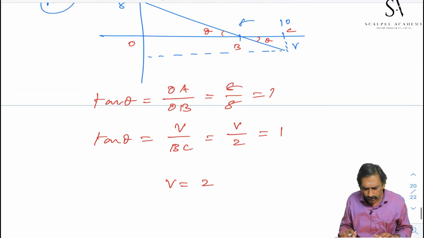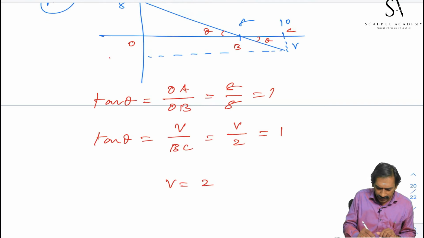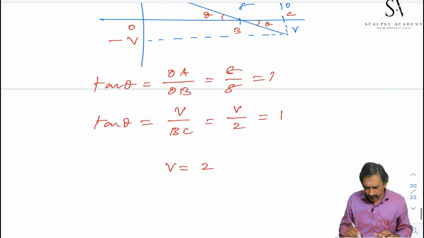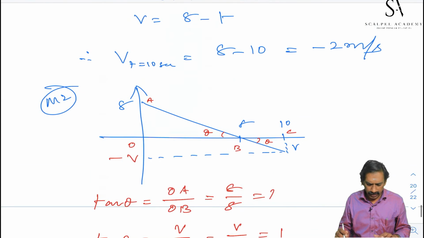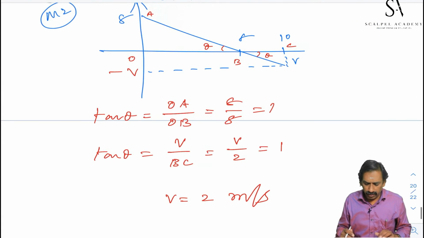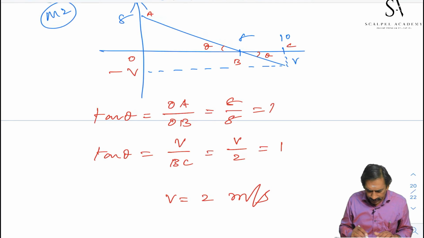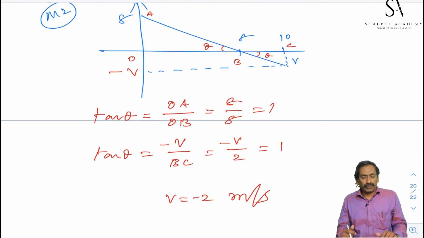Magnitude of velocity is 2, as it is in the negative y axis, this is minus V. So, minus V is equal to minus 2 meter per second. Velocity is negative. Alright. Tan theta is equal to, here itself we can put minus, then you won't get any confusion. Okay. This is another method.